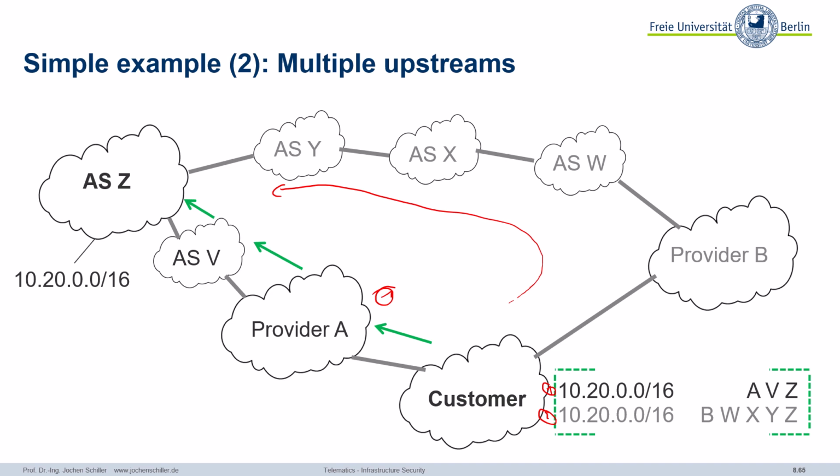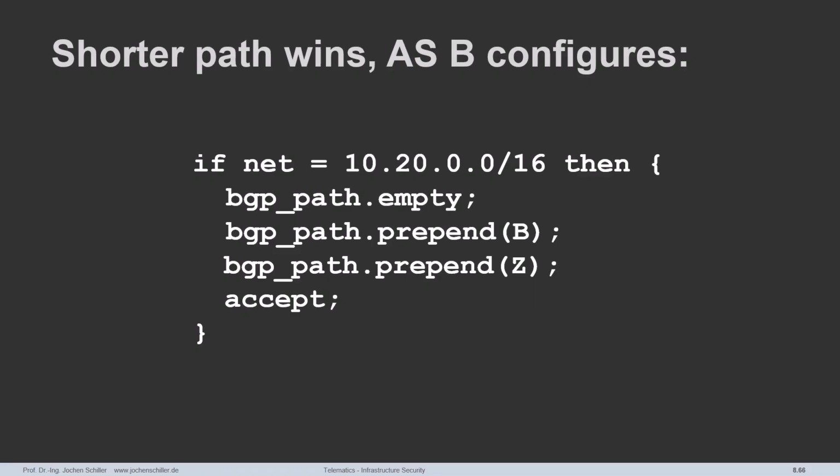So what we could do, for example, here in this autonomous system B, is say: for this prefix, I prepare a special, very short path telling you can reach this prefix via me, B, and then you go directly to C. This is something I could claim.